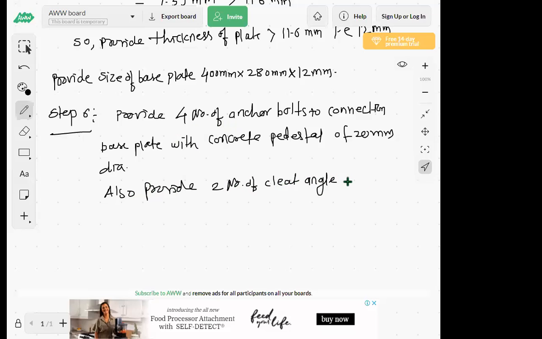Generally, a greater size cleat angle we have to provide here. Two number of cleat angles 150 by 115 by 10 we will provide. So you can provide 150 by 125 by 10. Okay.